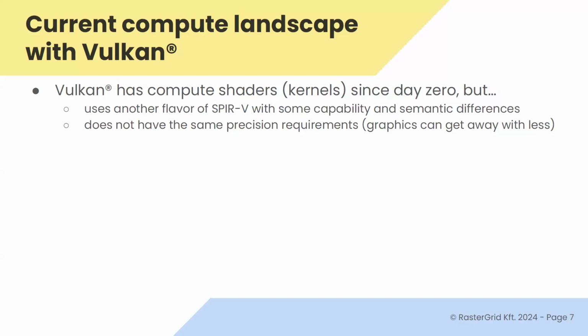In particular, another specialty of graphics compute shaders versus OpenCL kernels is that the precision requirements are not the same in Vulkan. That's mainly driven by graphics. But we're still talking about the same underlying hardware, so in the end it's just a matter of exposing all the same capabilities to enable proper scientific compute on an API like Vulkan.